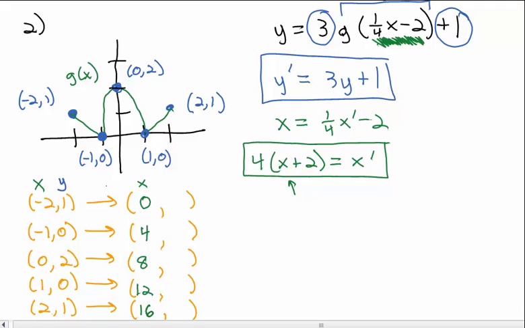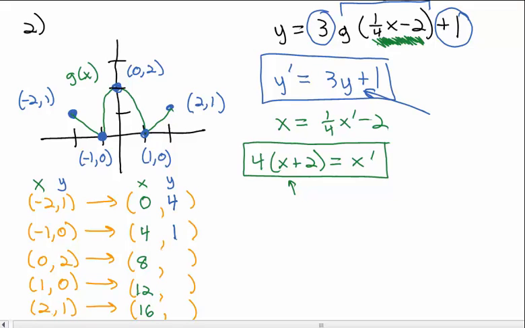To get our new y values, we plug them in for y in the y prime equation. This y prime equation tells us we're going to multiply by 3 and then add 1. So in the first point, y is 1. 1 times 3 is 3, plus 1 is 4. Try 0. 0 times 3 is 0, plus 1 is 1.